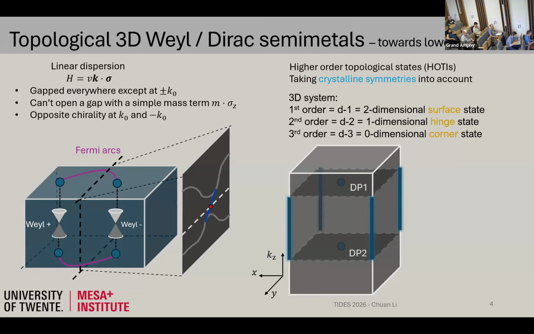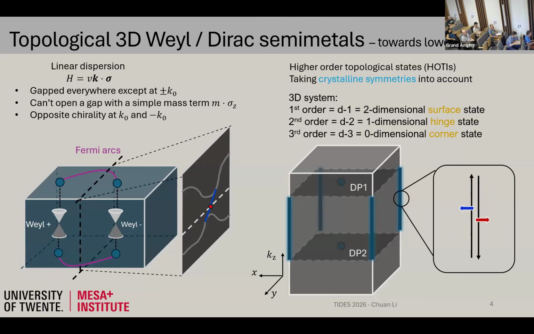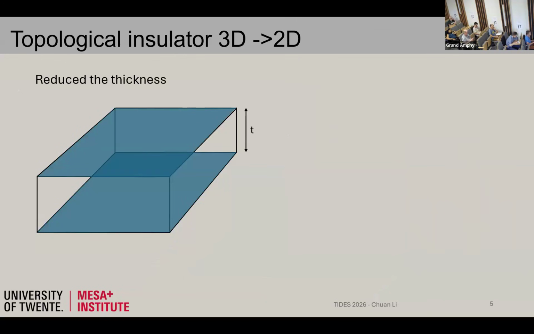You somehow have to redefine your topological invariant, and nowadays many different materials show that instead of having a surface state, a 3D material can have a higher-order topological state in 1D. If we zoom in, it's again a spin-momentum locked state, and it gives you quite nice topological 1D channels.